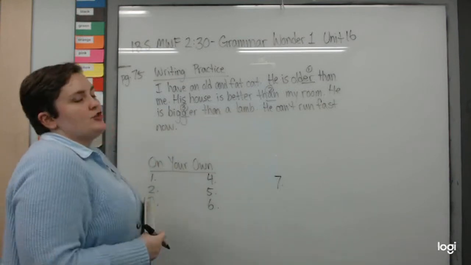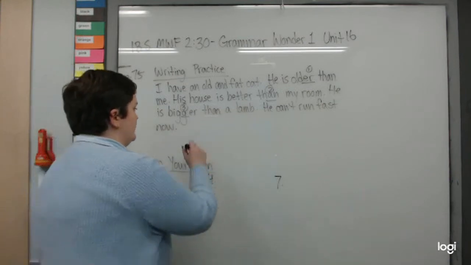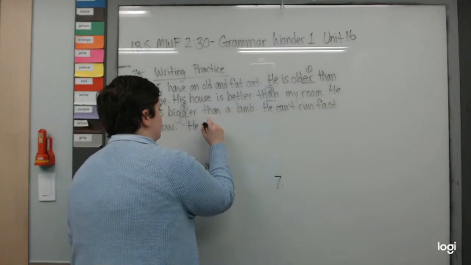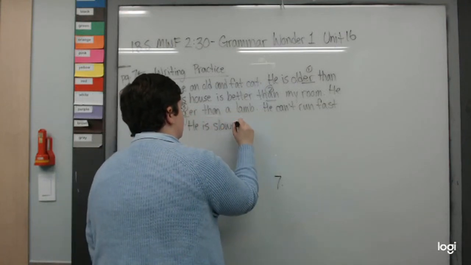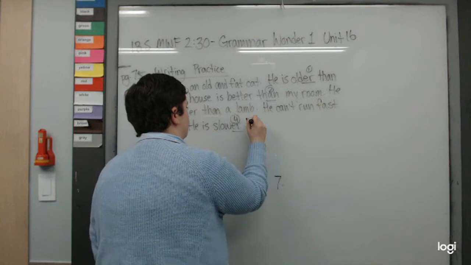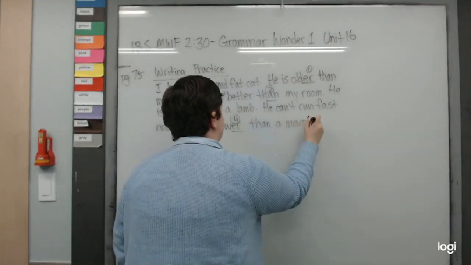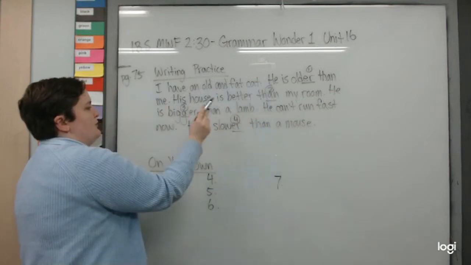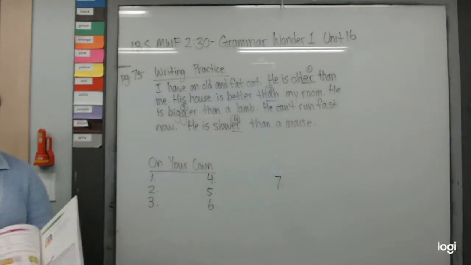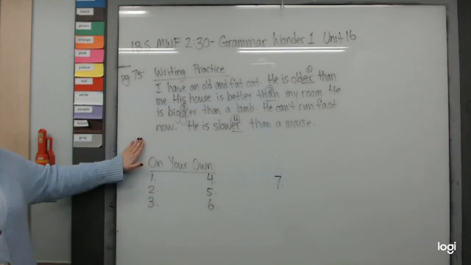He is slower than a mouse. Okay, we have 1, 2, 3, 4 mistakes. Check your answers and make sure you wrote all.